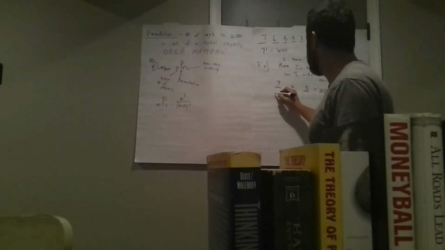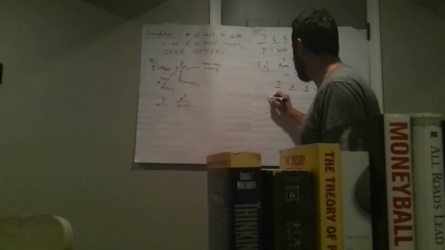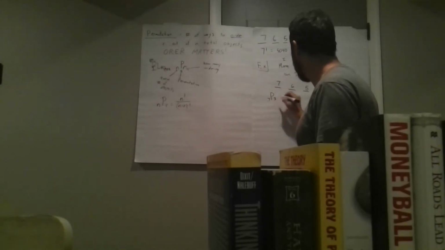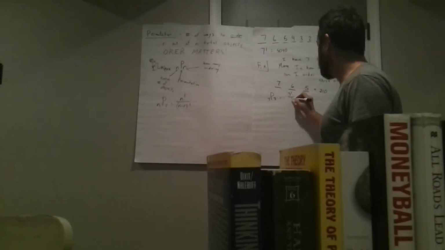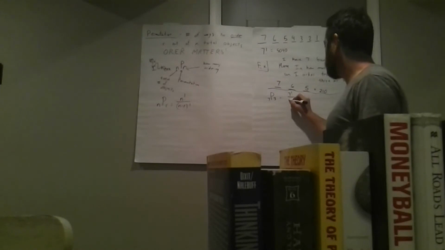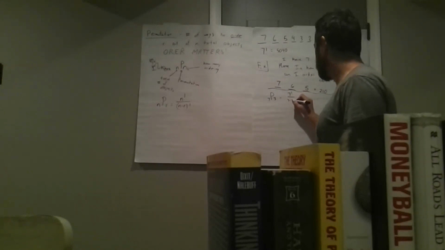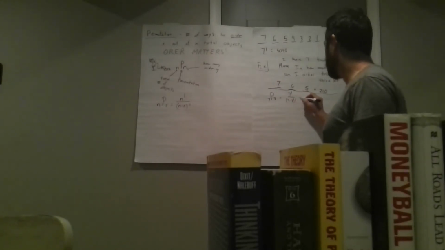We'll go back to our example here. In this case, n is 7, r is 3, so this would be 7 factorial over 7 minus 3 factorial.